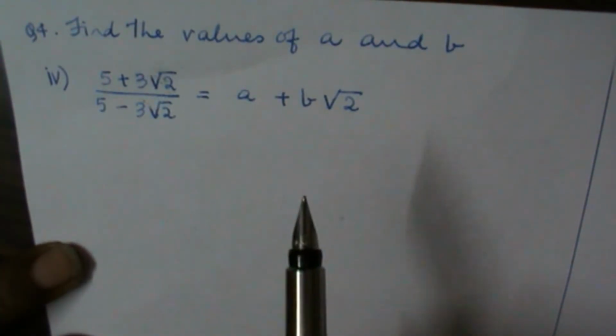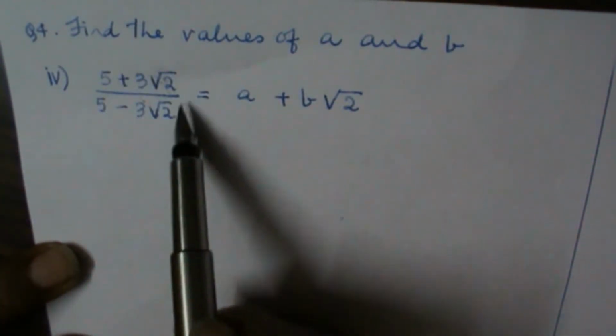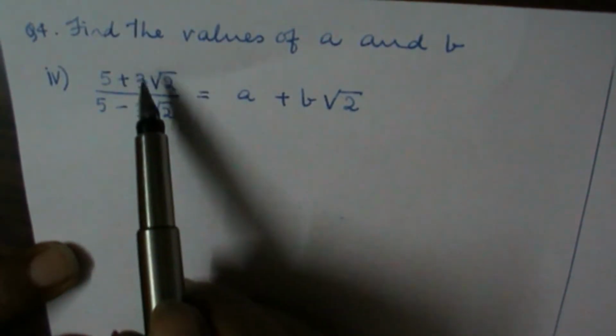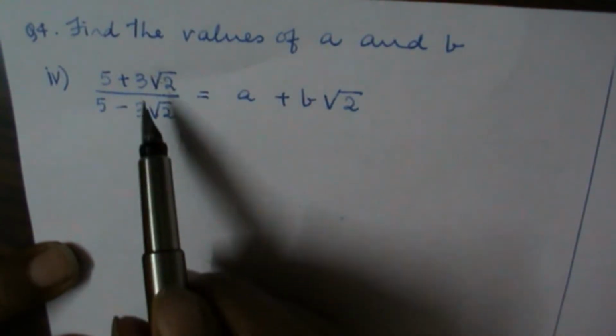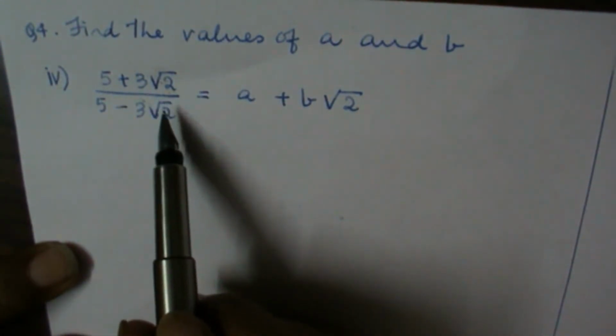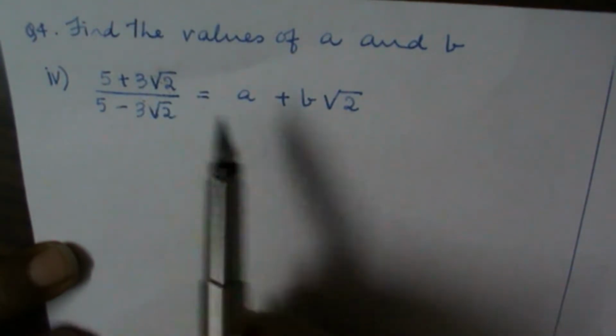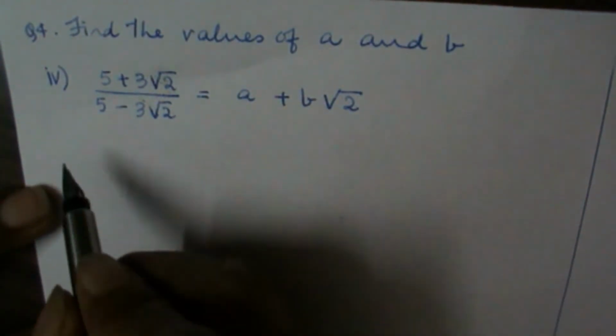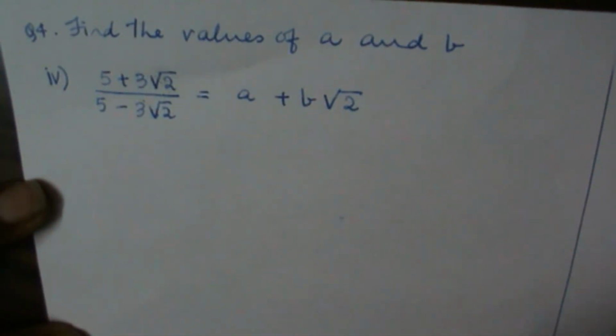And so all we have to do is take this and rationalize it. And as we rationalize it, automatically we will have the denominator getting rationalized and it will look like so. Let's see how we do it. Let us not worry about the way it looks.